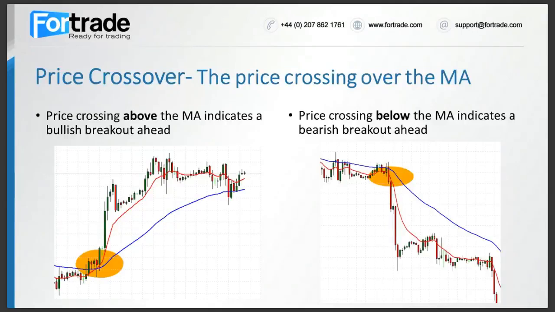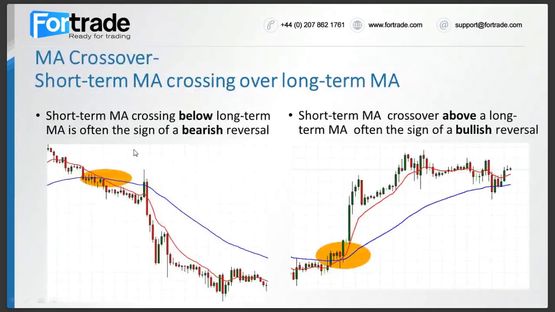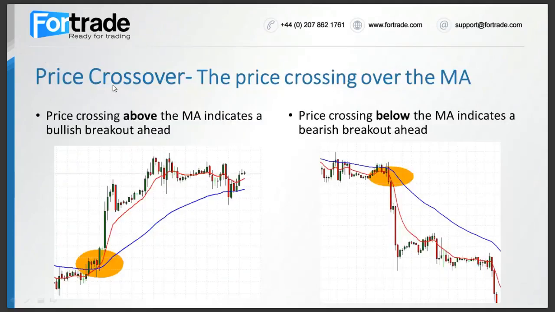So another way how you can use moving averages is through crossovers. Moving averages can also be very useful to identify the trend reversal in several ways. So the first one, we will look here, is price crossover. The price is crossing over the moving average. By price, we mean these candles, which are forming our trends or sideways consolidation.